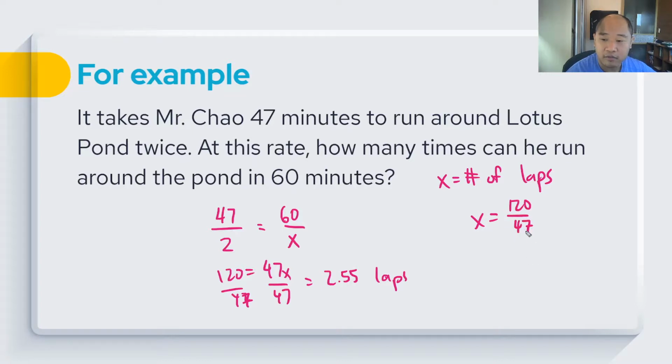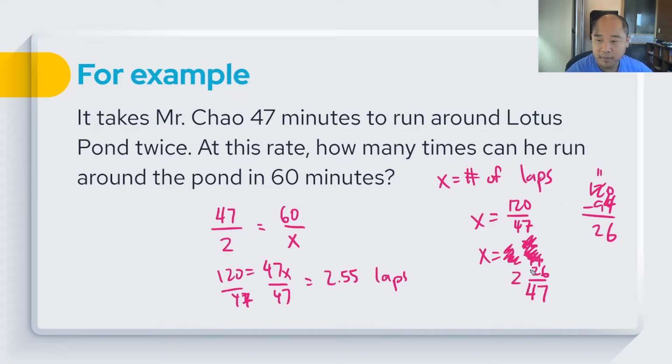And then 2 times 47 is 94, and 120 minus 94 is 26, so 2 and 26 over 47.